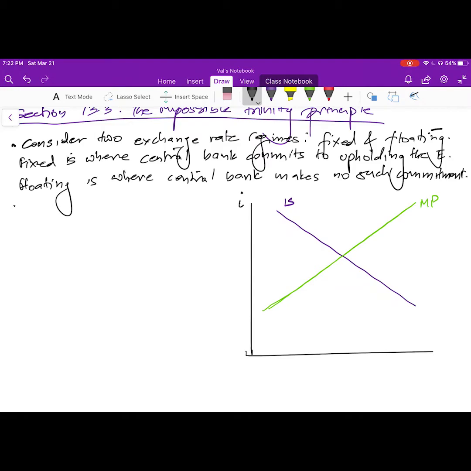This is I. This is 0, and this is output. Okay, IS-MP curve. But I'm going to draw a third line here, and we're going to call it the interstate parity condition, or IRP curve. Of course we know interstate parity condition says interest rates are a function of depreciation in exchange rates.